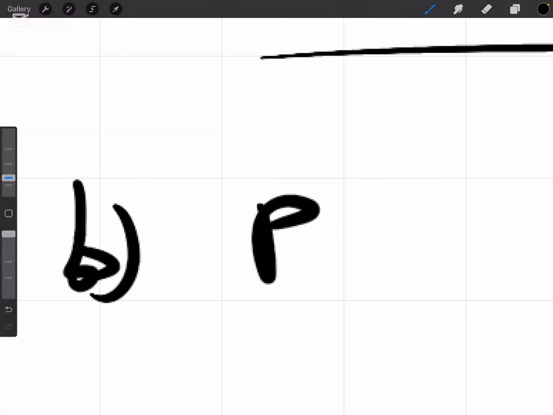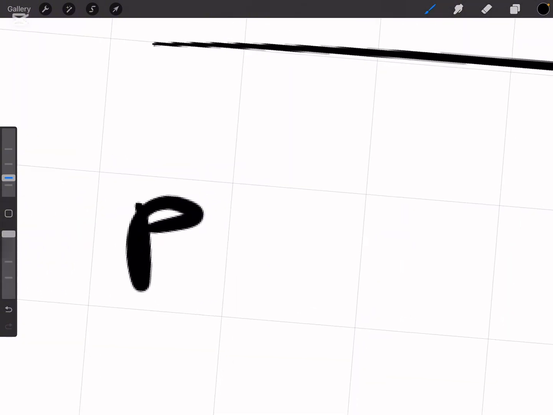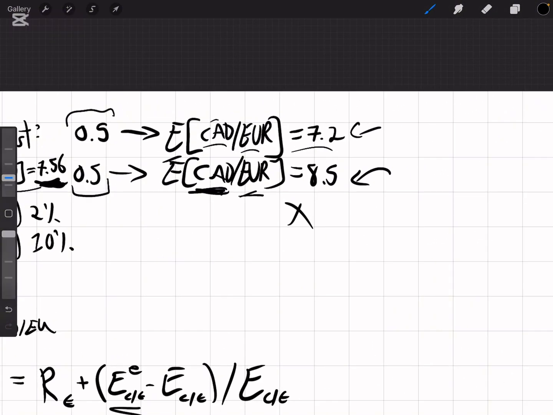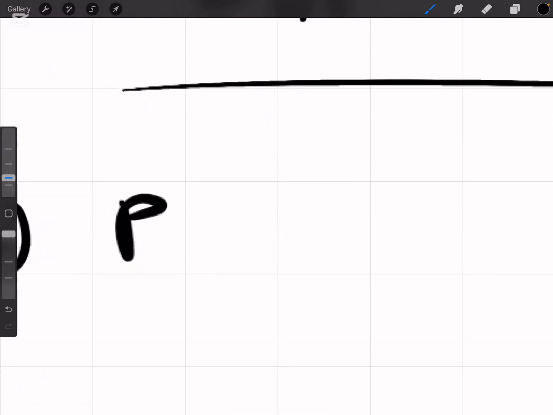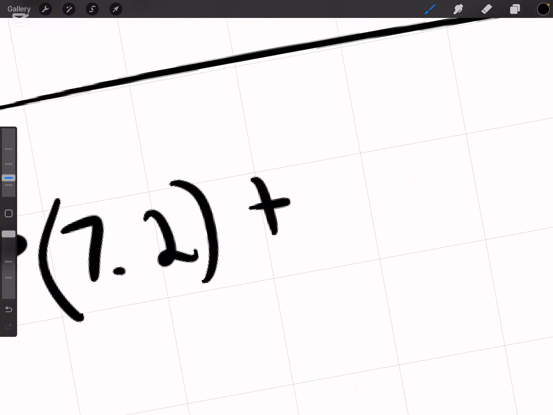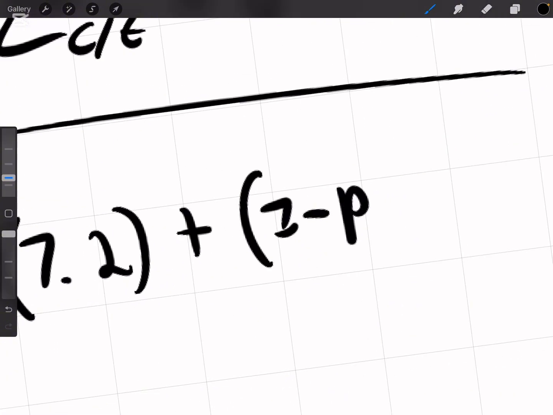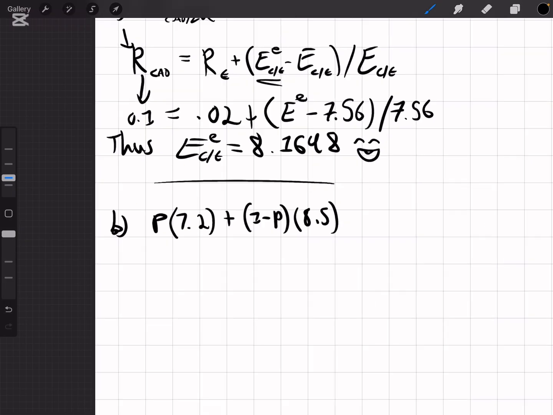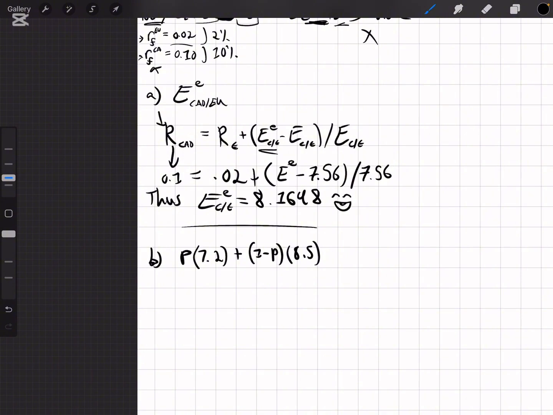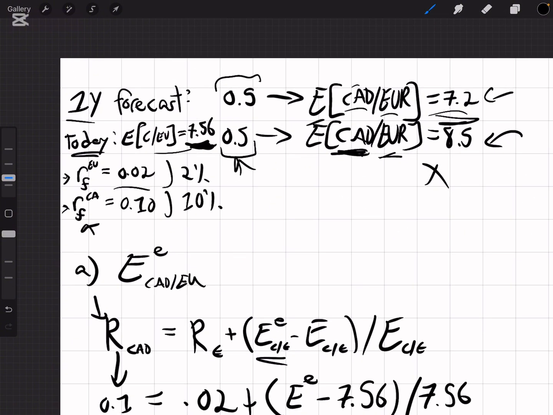So you have the probability, I'm putting P for probability, of one thing happening. So I guess we care about this. And we can put the value there, times 7.2, plus 1 less P, times the other thing happening. So that's 8.5. At this point, you're like, okay, well, why don't you just sub in 0.5 for either?